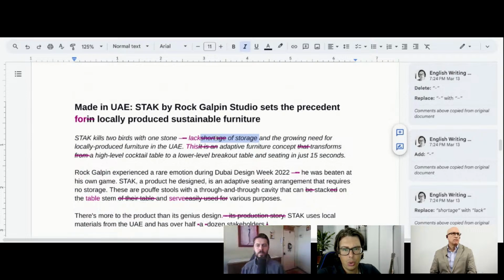But we've got two words very close together which end with the same suffix, -age: shortage, storage. When sounds which are the same come so close together in text, it's a bit of a tripwire in the sentence. So we could make the first word shorter and choose a synonym, lack of storage.